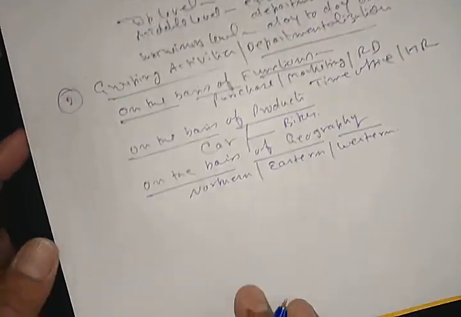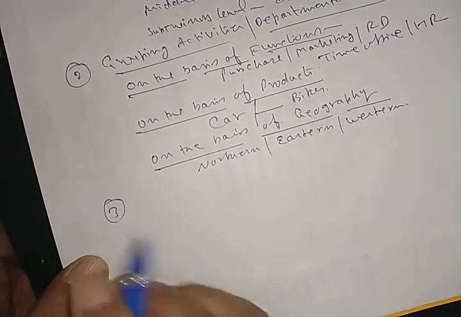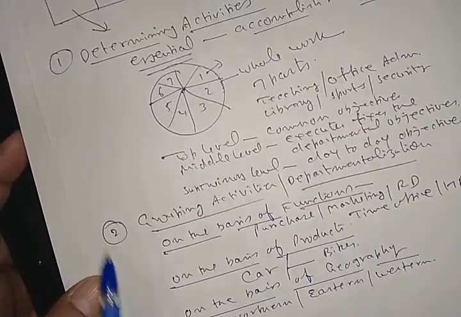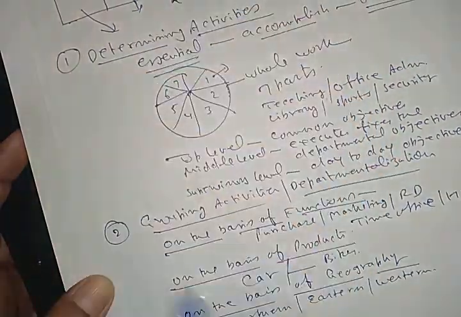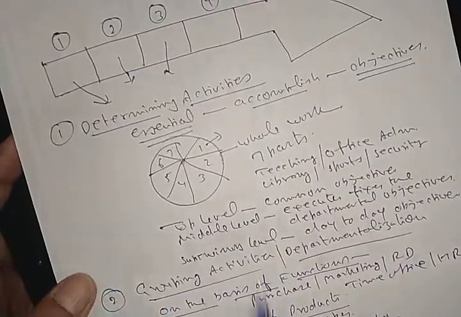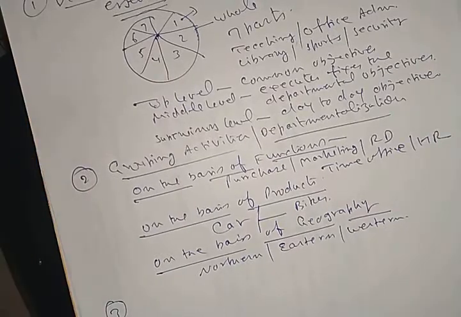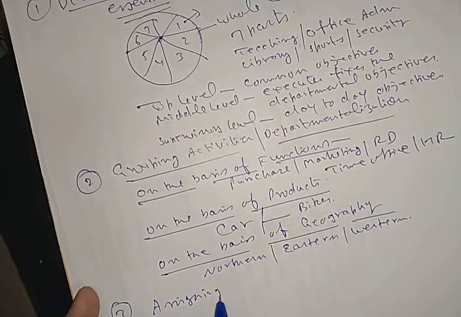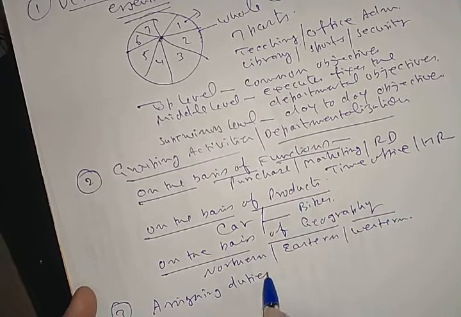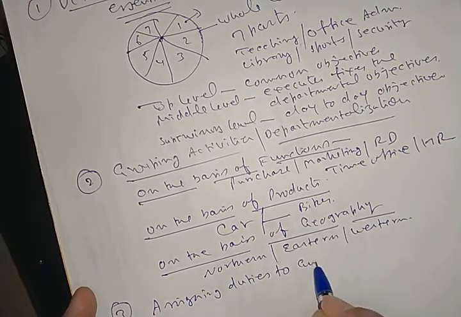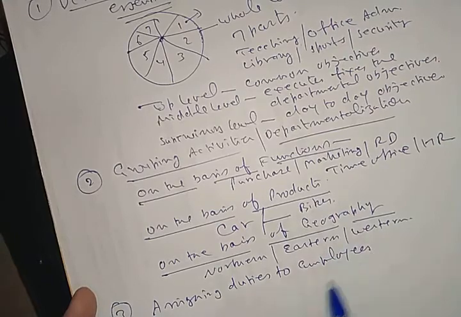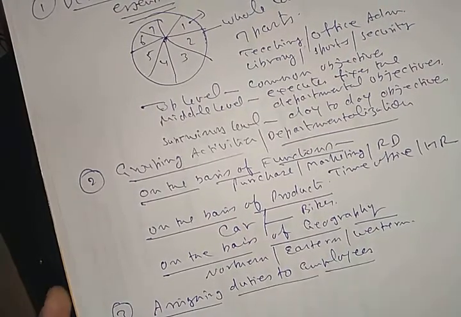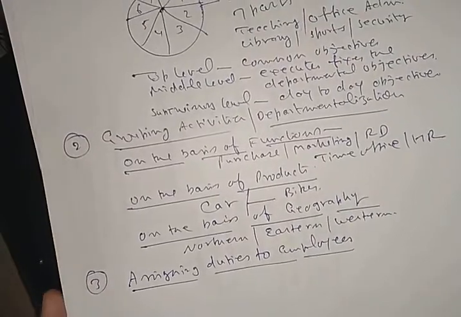Clear? Grouping of activities is the second step. Now see the third step. Third step is assigning duties to employees. What will you do here?